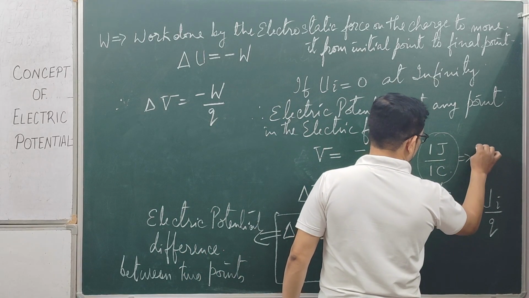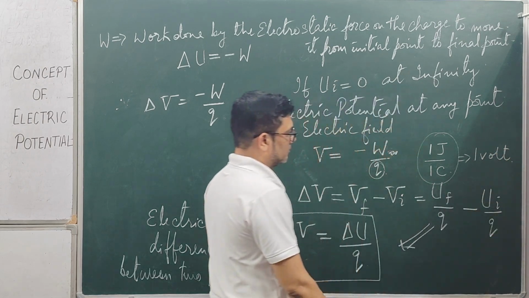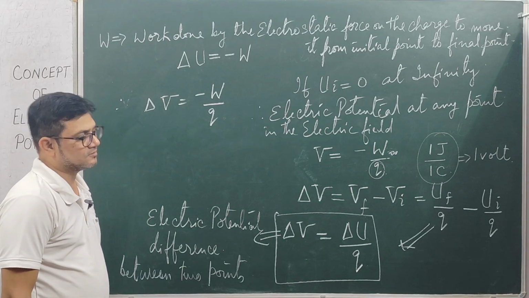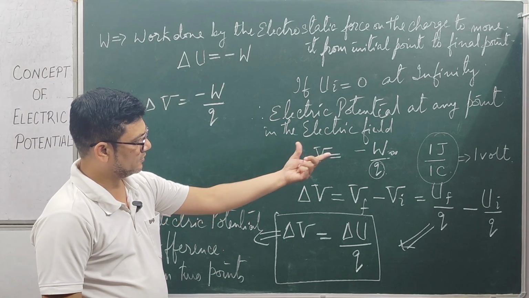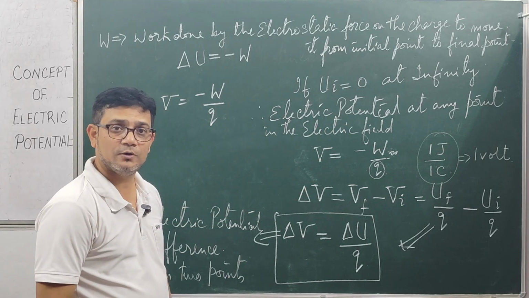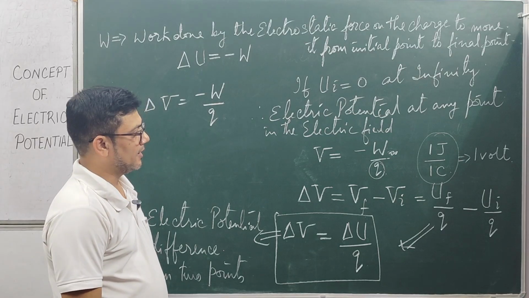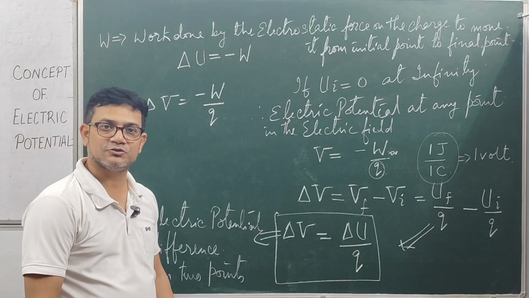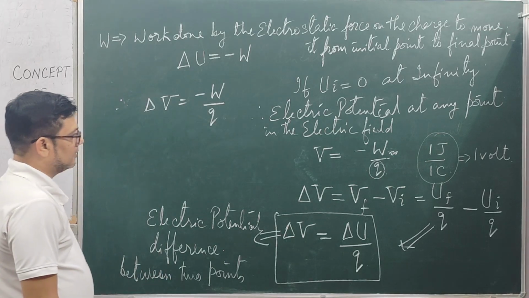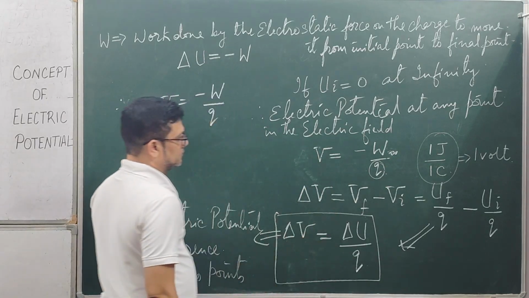This is actually 1 volt, named in honor of the scientist. So 1 joule per coulomb is known as 1 volt, and this is in general the SI unit used.